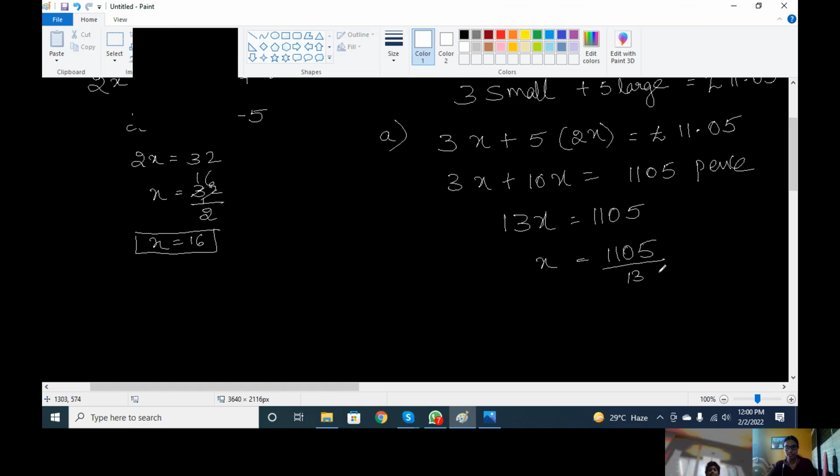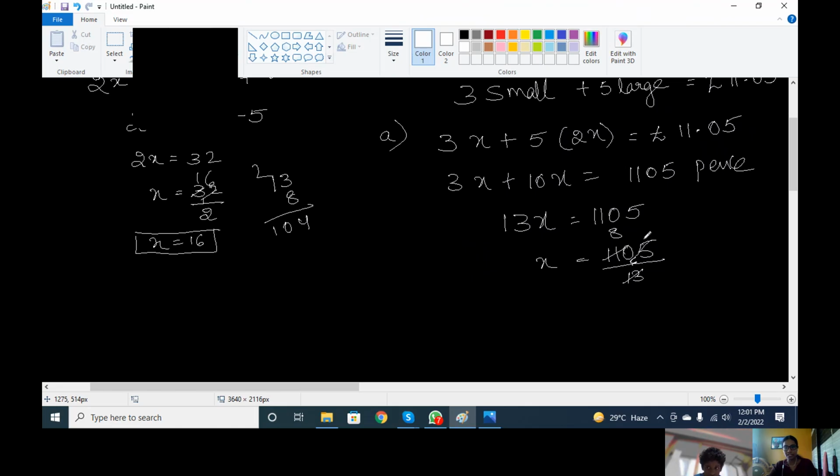Now, 13 table. How many times does it go? 13 eights are 104, right? Yeah. So 13 eights are 104, and if 104 is gone here, 65.